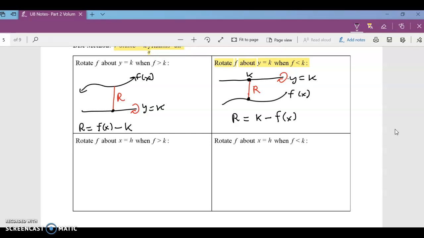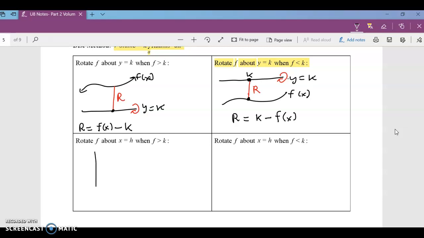Next we're going to rotate our function f about the line x equals h, and f will be greater than h. x equals h is a vertical line. So what's this going to look like?